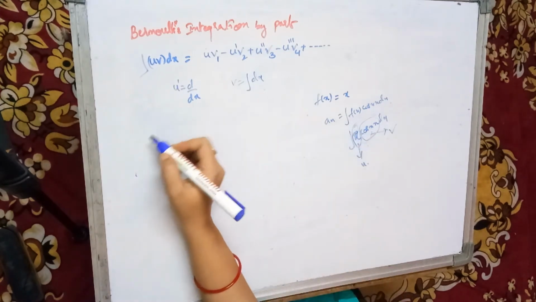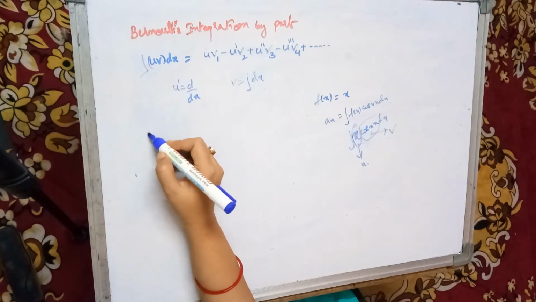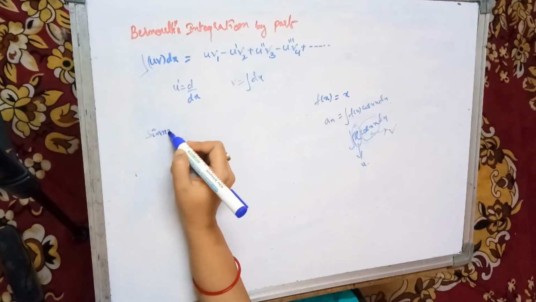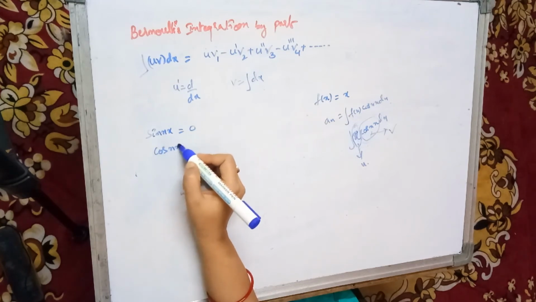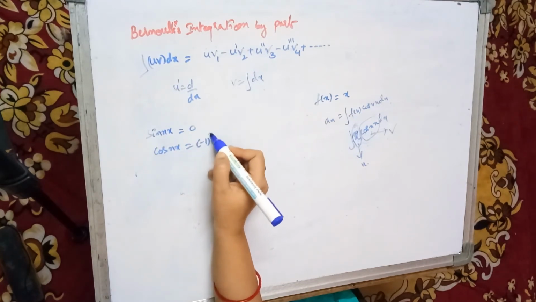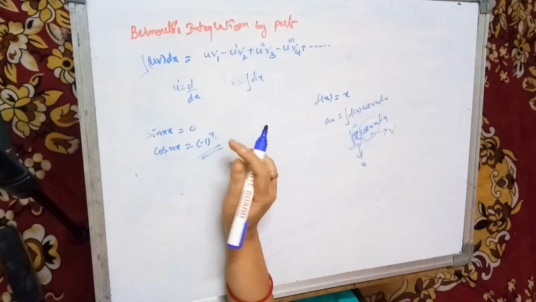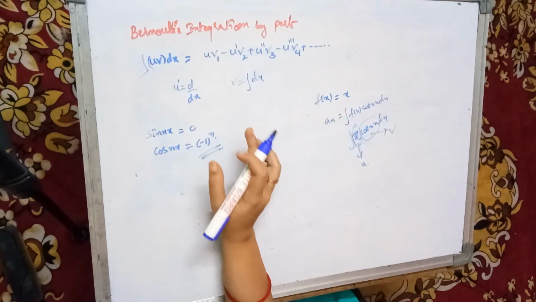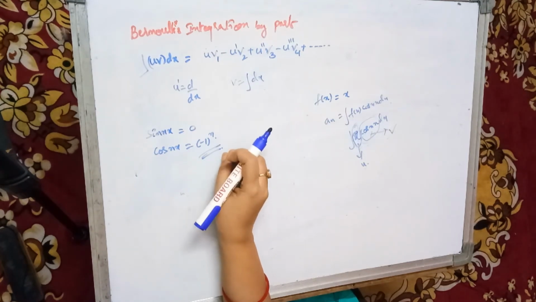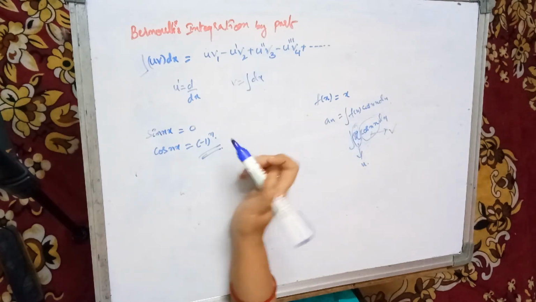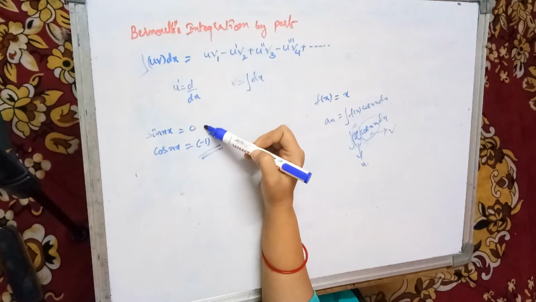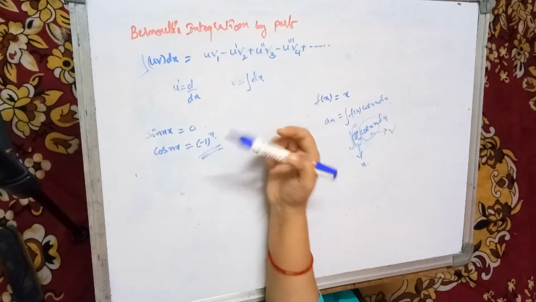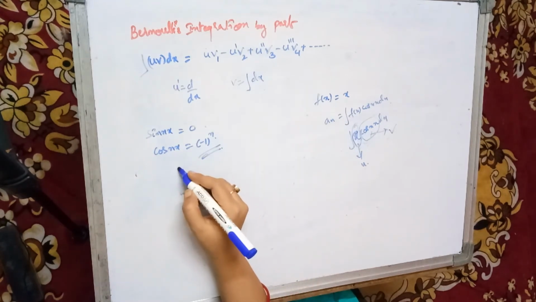And the standard values also you have to remember: sin nx value is equal to 0 and cos nx value is equal to minus 1 to the power of n. These are the standard values which we are going to utilize along with these three formulas: Bernoulli's integration by parts, your cos nx value, sin nx value, and trigonometric identities.